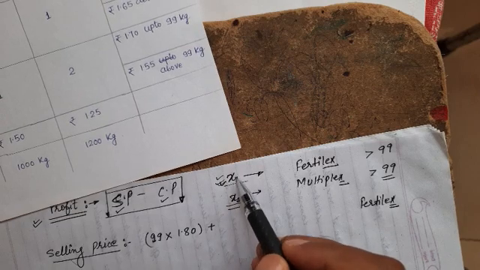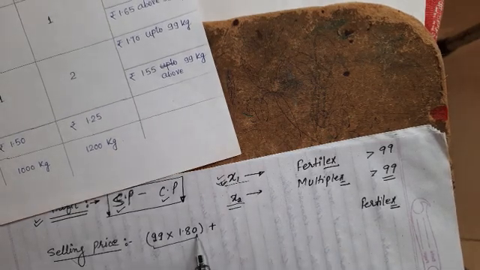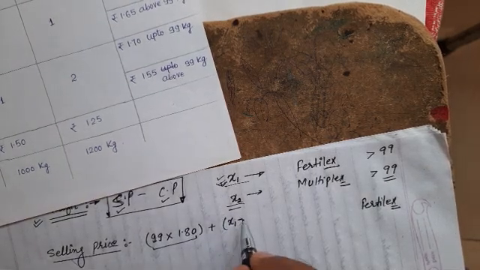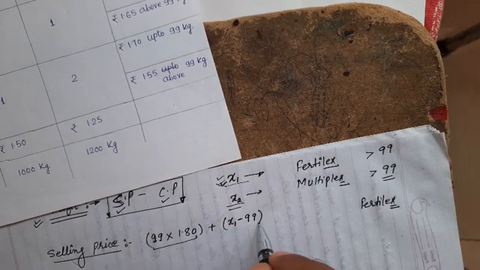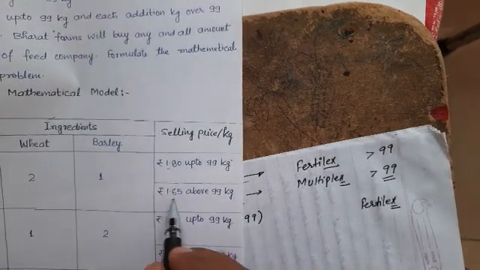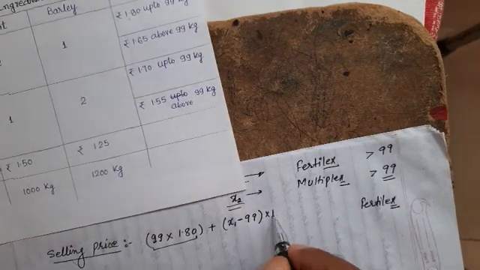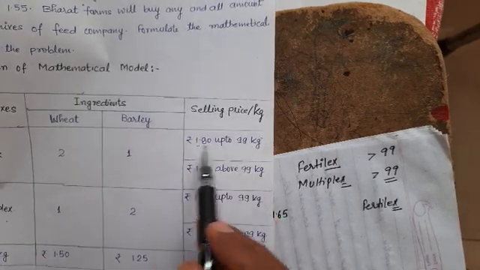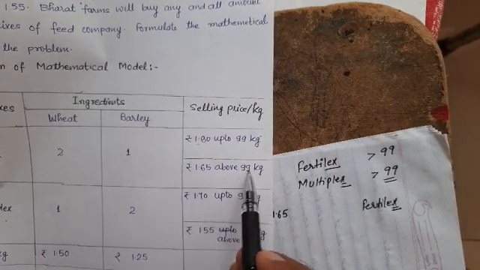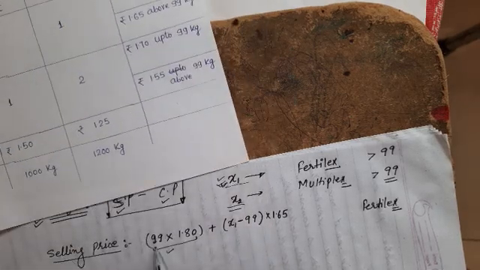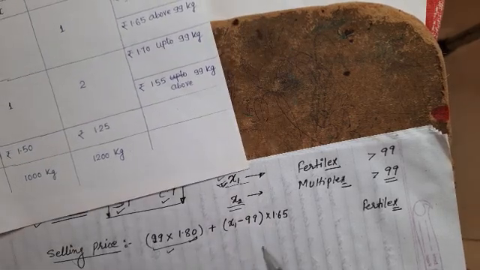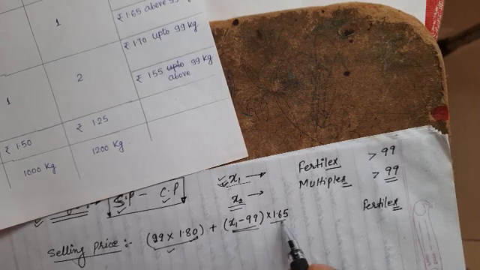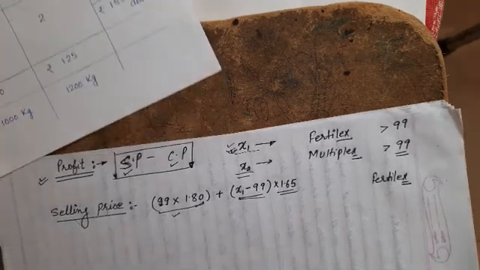So out of x1, up to 99 kg, this will be the price. Beyond 99, how many kg? The total quantity is x1, so x1 minus 99, and this will be sold at the price of 1.65. Up to 99 kg, its price is 1.80, and the remaining quantity x1 minus 99 is sold at 1.65. So this is for Fertilex.